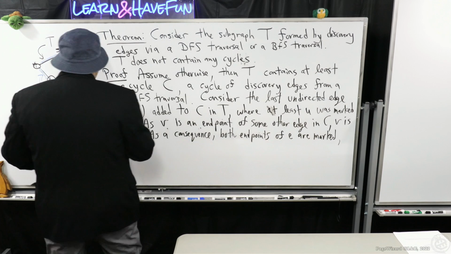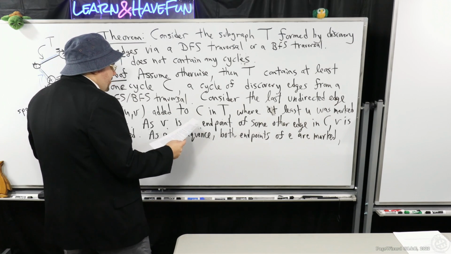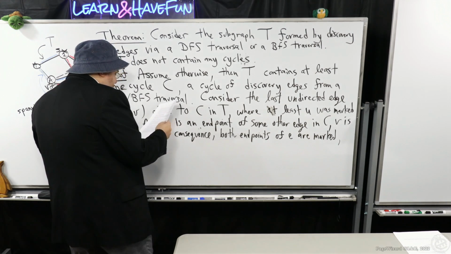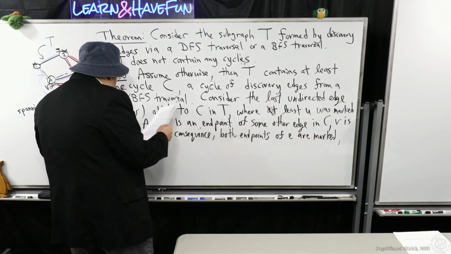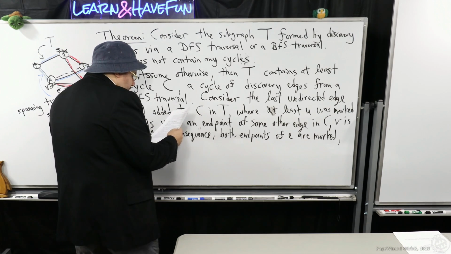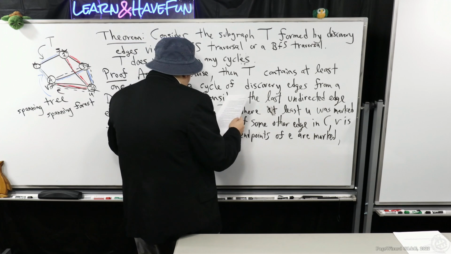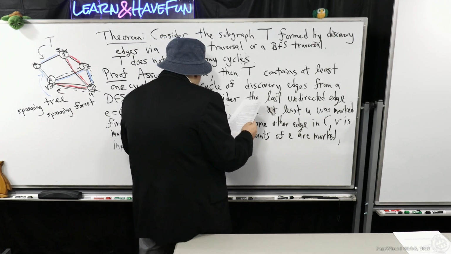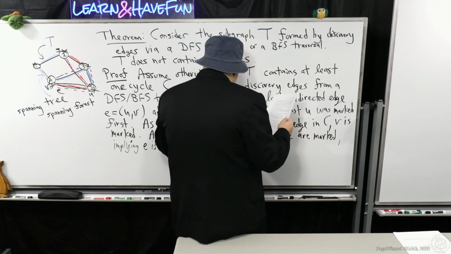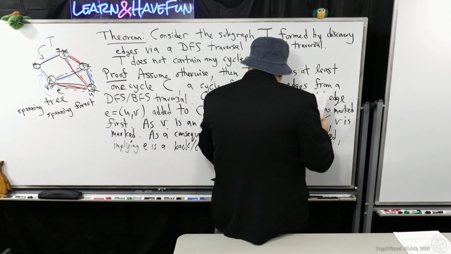It would have been labeled as a back edge or a cross edge. Both endpoints of E are marked, implying E is a back edge if we're talking about DFS, or a cross edge if we're talking about BFS, not a discovery edge.